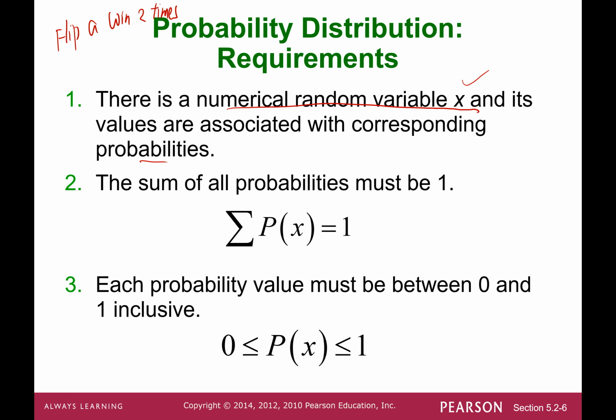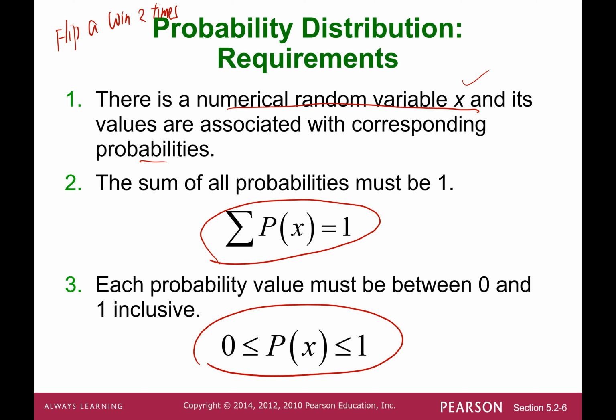First, the sum of all probabilities must be 1. Second, each probability value must be between 0 and 1 inclusively. Those two are the requirements. A random variable following those two requirements is what we call a probability distribution.